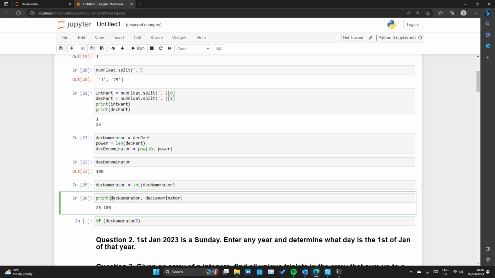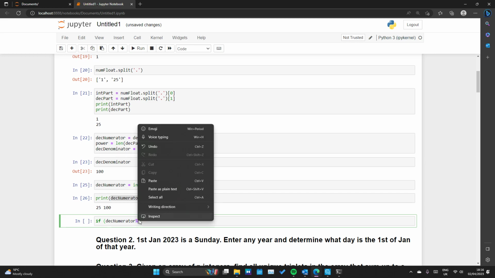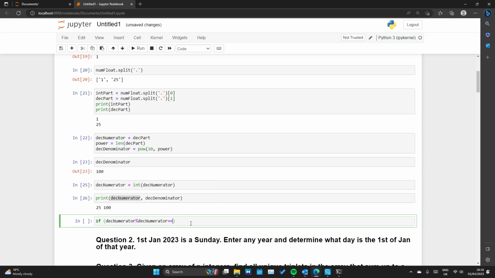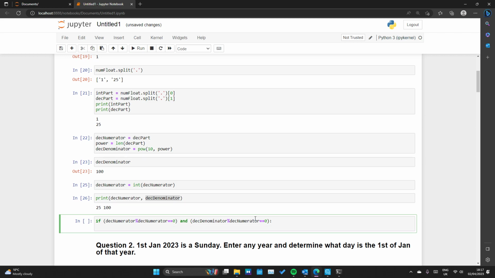This is the smaller number, so I will divide this number by decimal numerator, and if the remainder is 0, right, and the second number is decimal denominator, so if decimal denominator is divided by decimal numerator, and if that's also 0, then we know that that's the greatest common divisor, or greatest common factor.